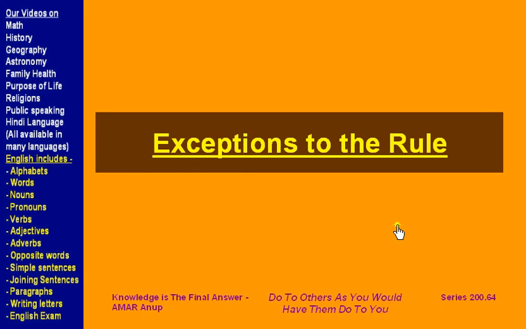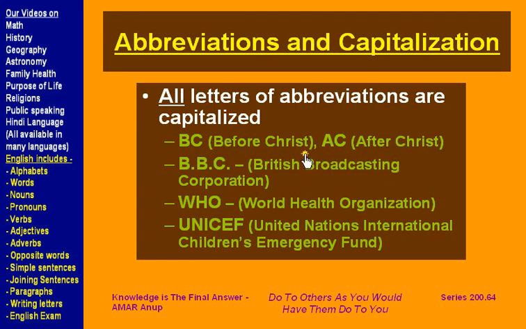In the beginning of the discussion, we said that only the first alphabet of the word is capitalized, and in all the examples we saw that only the first alphabet was being capitalized. But in certain situations, you can capitalize the whole word or the whole sentence, and here is an example. If you are using an abbreviation, a short form, then the whole abbreviation is capitalized. When we talk of BC, which means before Christ, both B and C are capitalized. When we talk of AD, after Christ, AD is capitalized.